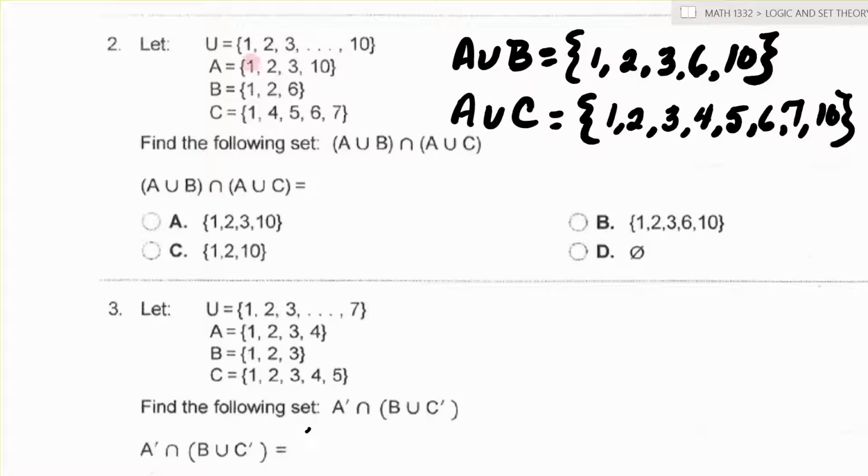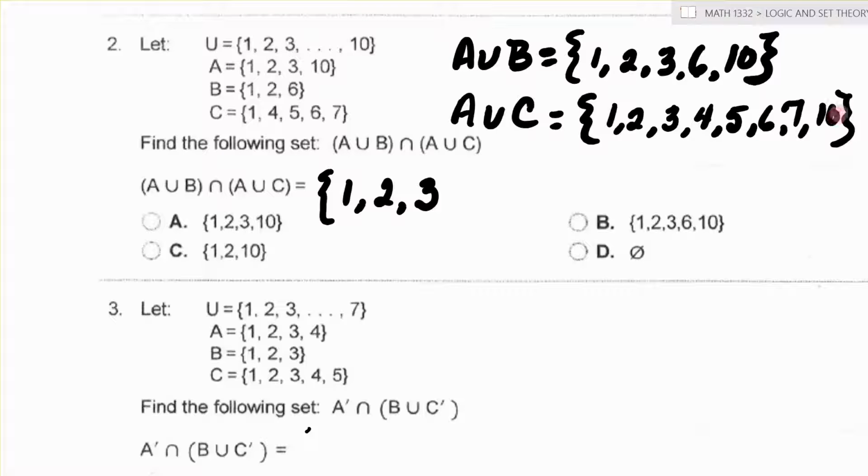Let's see. I need a 1, 2, 3. I have 4, 5, 6, 7, 10. Okay. Now I want the intersection of those. So what they have in common. And so this intersection will have a 1. It will have a 2. It will have a 3.